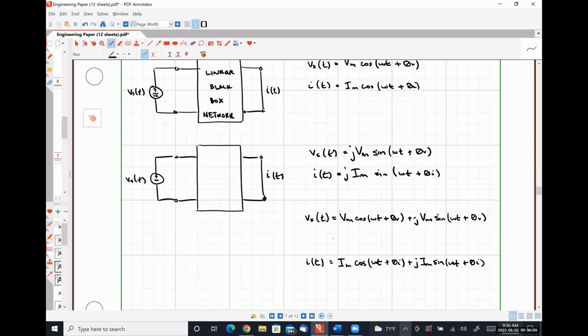Well, our input signal is, using Euler's identity, Vm e to the j omega t plus theta v. What's really, really interesting about this, though, is that the real part of our input corresponds to the real part of our output.